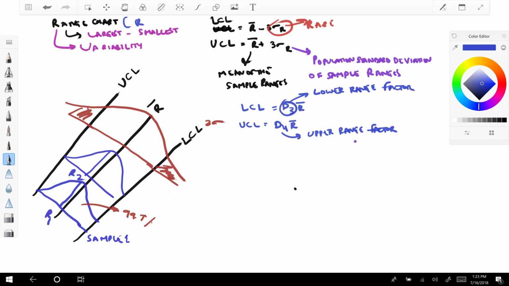To summarize the X bar and R chart, I will write both formulas here.